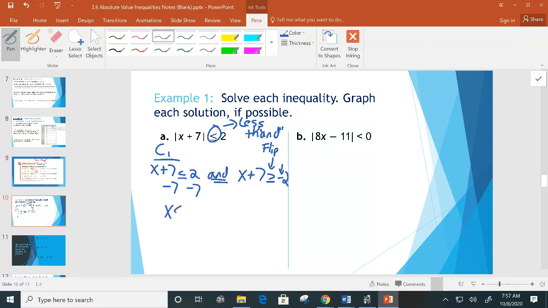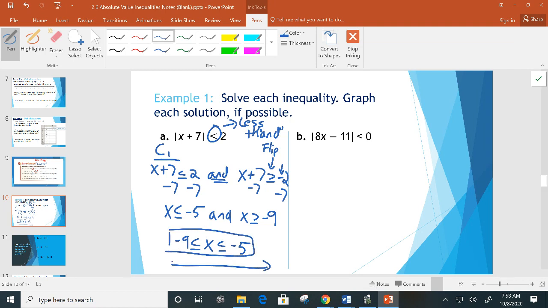You're going to get x is less than or equal to negative 5. And subtract 7, x is greater than or equal to negative 9. We could leave it like this, but it is an and inequality, so we want to smash it all together. Our x goes in the middle. We know x is less than or equal to negative 5. We also know that x is greater than or equal to negative 9, so we would prefer that you write it this way.